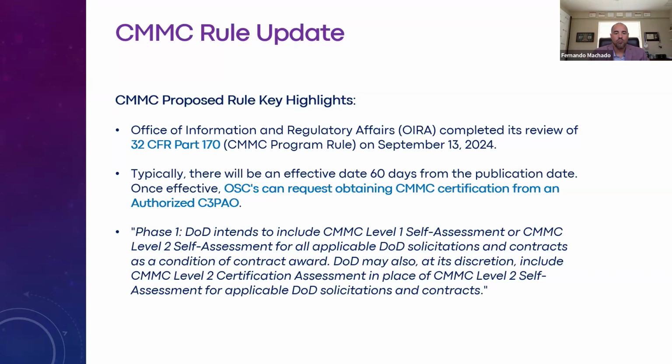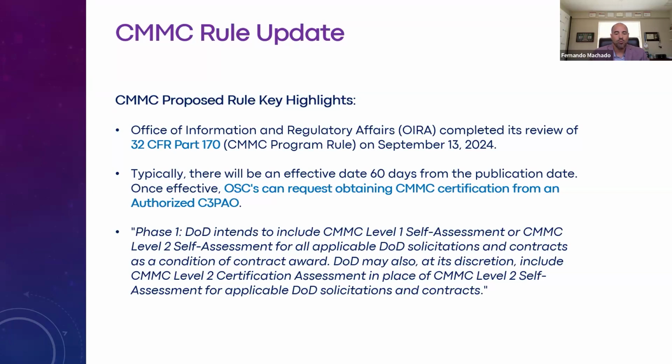A couple of things to pay attention to: the phases begin in accordance with the effective 48 rule, right? Which currently has about another 21 days left on the public comments as of today. It ends around October 15th for the 48 rule. So once the 48 rule goes final, the phase 1 rollout will begin.